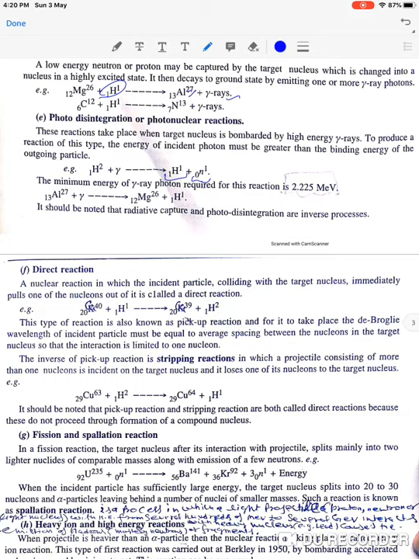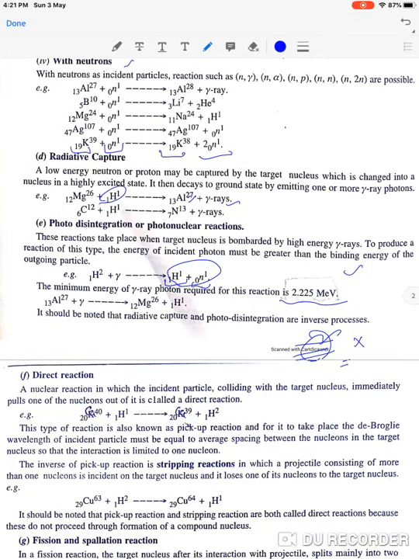For this reaction to happen, the photon should have greater energy than the binding energy of this composition. Like for this reaction, the minimum photon energy required is 2.25 mega electron volts.